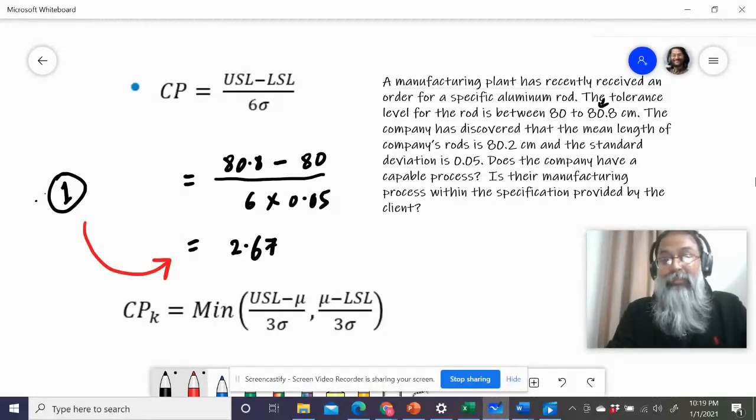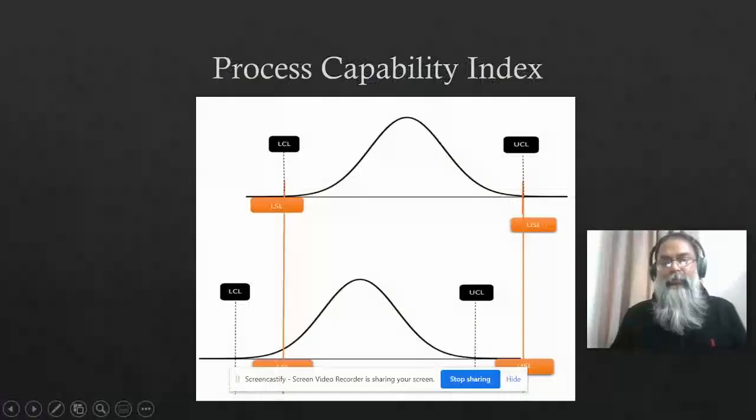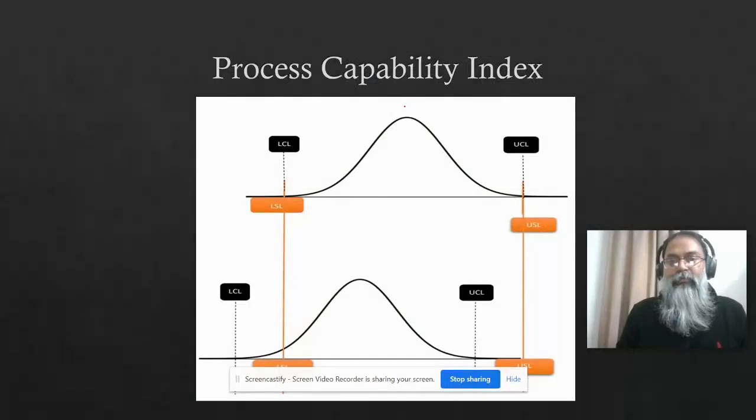Let me explain it with a diagram again. Let me go back to the PowerPoint slide at this point. Here you can see that this is a process. This process is represented by the curve, and you can see the process is right within the customer specification limit.